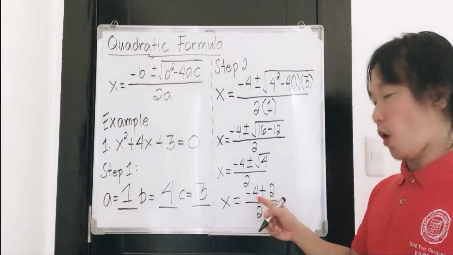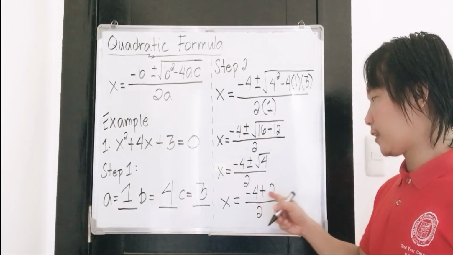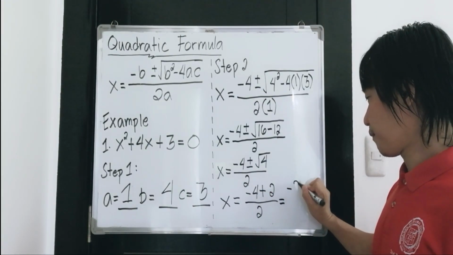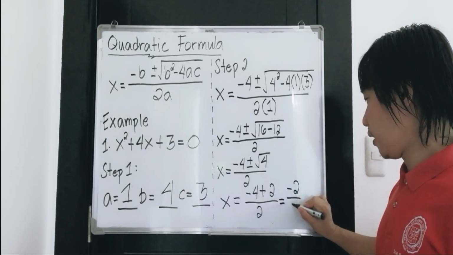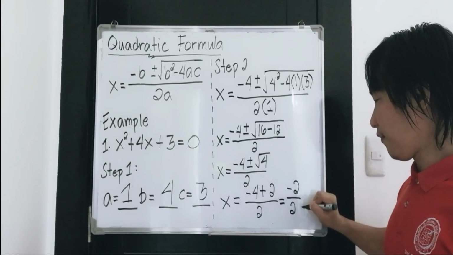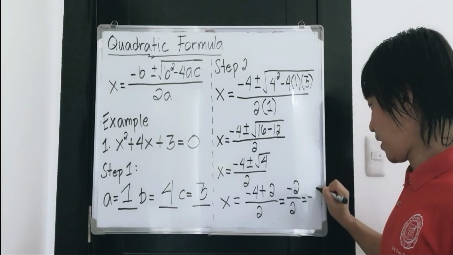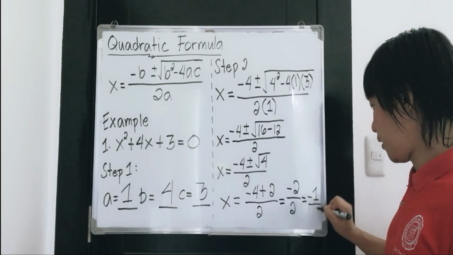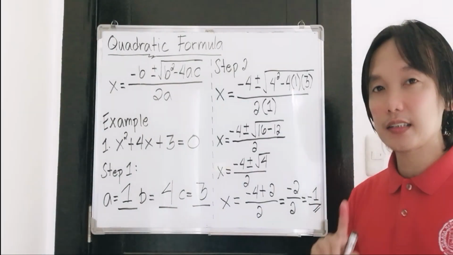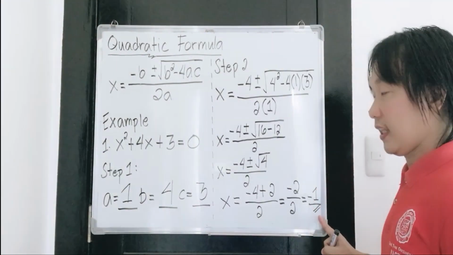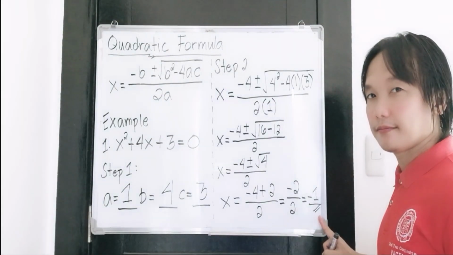Solving this, you have negative 4 plus 2, that will give you negative 2 divided by 2. Then negative 2 divided by 2, the answer is negative 1. So your first value for x is negative 1.